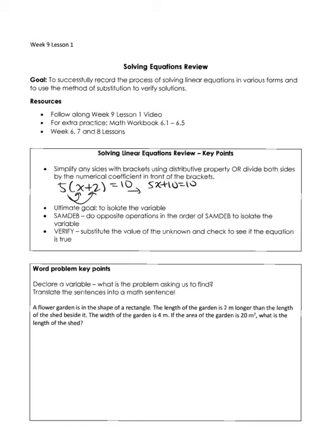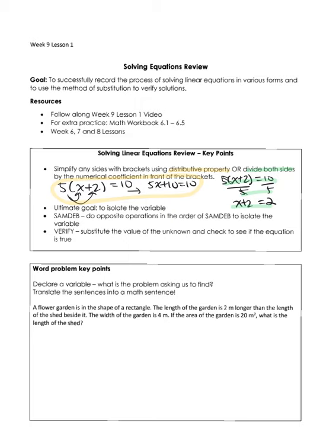Okay, so this is using distributive property. So using distributive property, I can use this, or I can divide both sides by the numerical coefficient. The numerical coefficient in this case is the 5, because 5 is what's in front of the brackets, and we can divide by 5 on both sides, and we end up with x + 2 is equal to 2. Okay, so those are the two methods from last week's lesson.